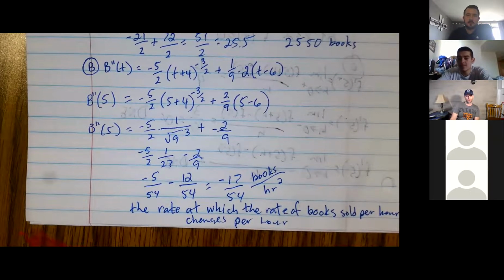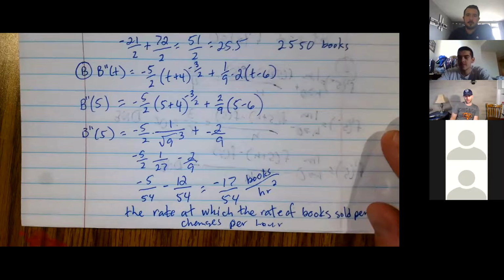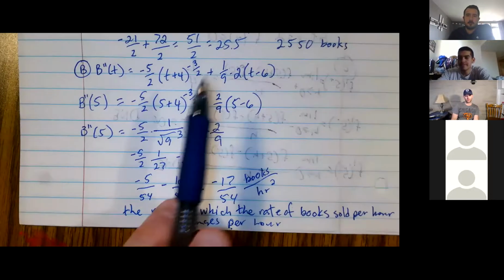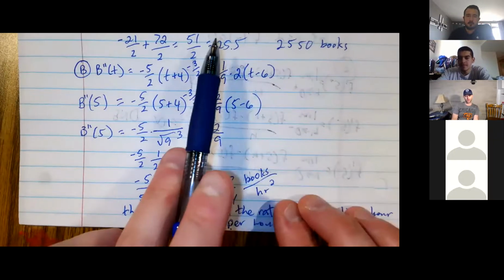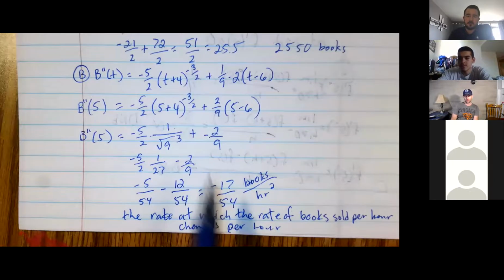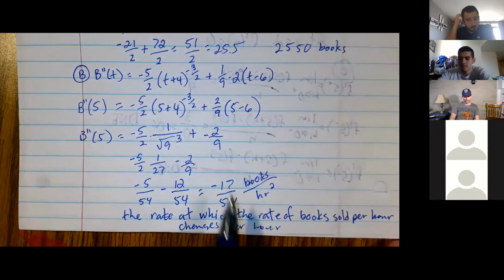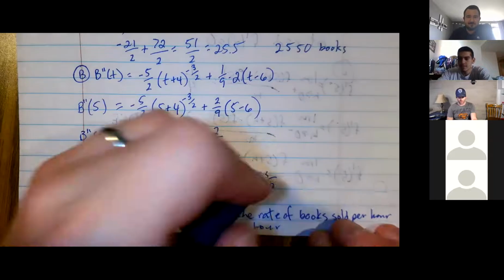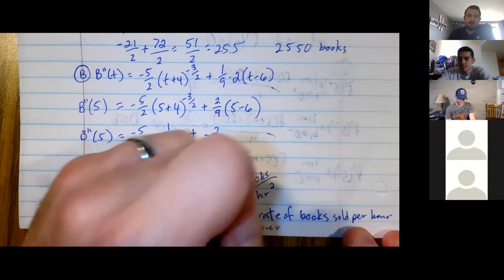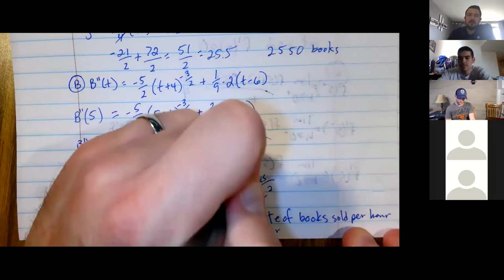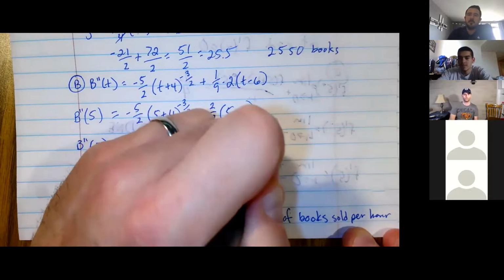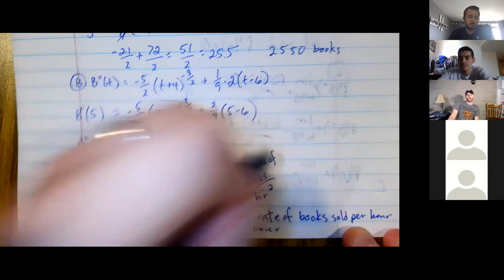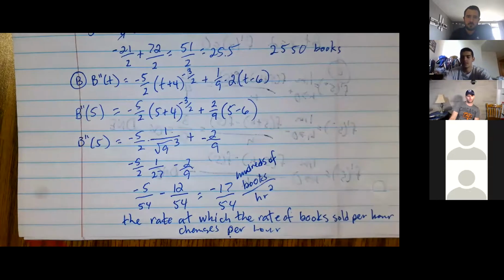And this is where I think that they might allow the 25.5 in part A, because now they're holding you accountable to the units. Actually, I wrote them wrong. It wouldn't be books, it would be hundreds of books. So that is part B.